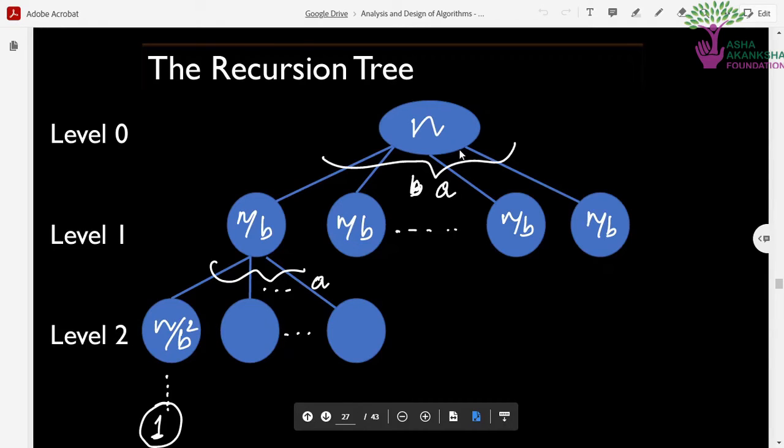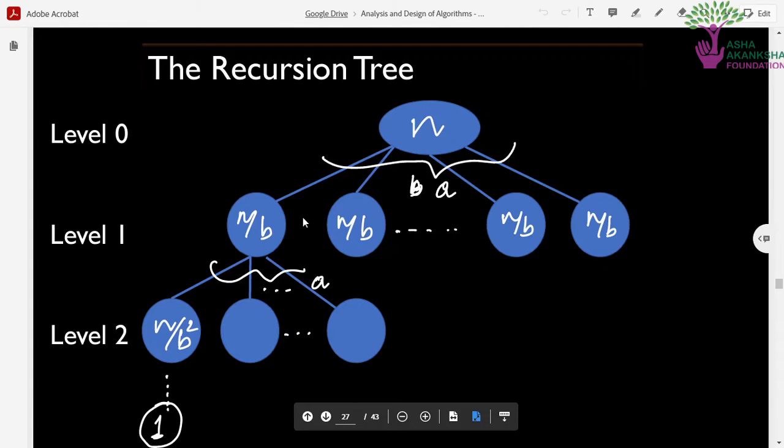Now that main problem spawns a number of subproblems, each of size n by b. b is the shrinkage factor, a is the spawning factor, and this process keeps on going. It spawns another a, it spawns another a, and this keeps on going.